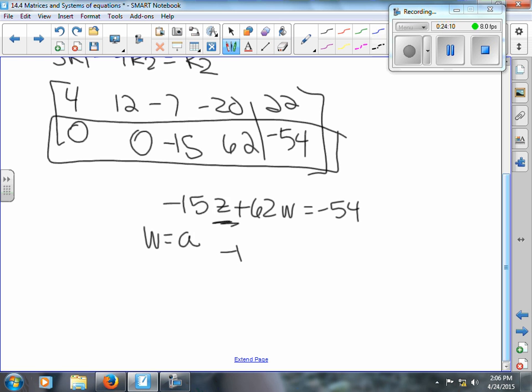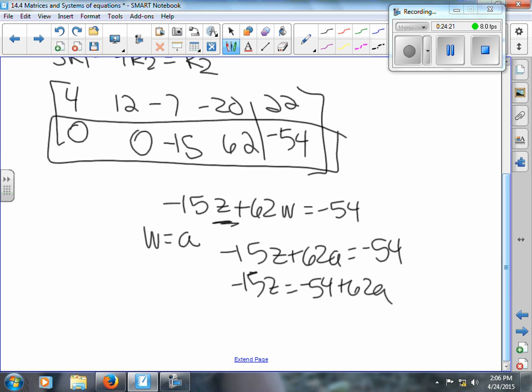So -15z plus 62a equals -54. And so -15z equals -54 plus 62a. And so z is 62a minus 54 over -15.